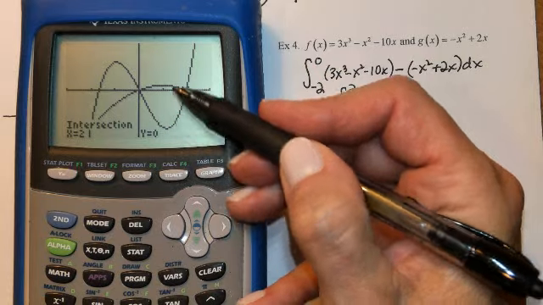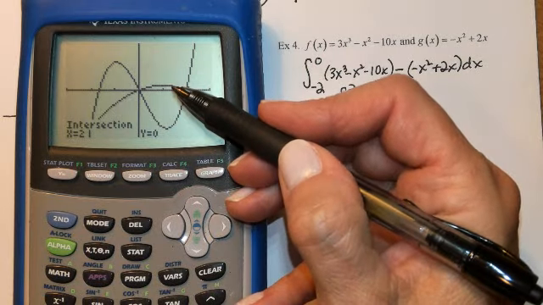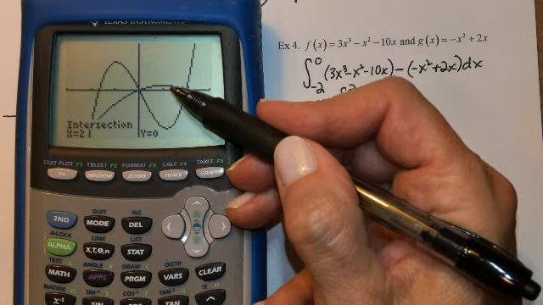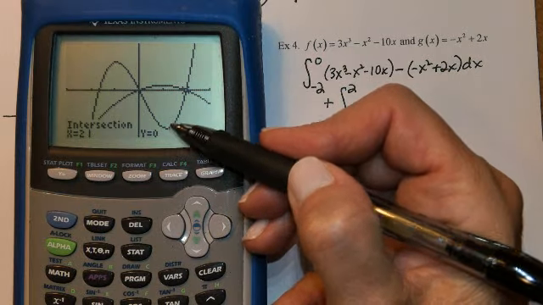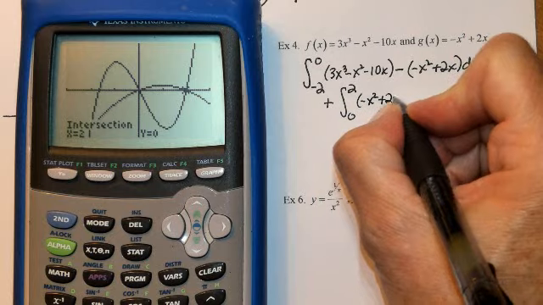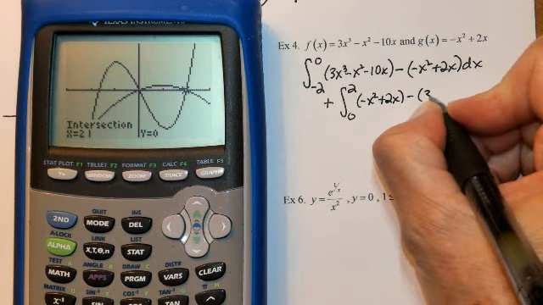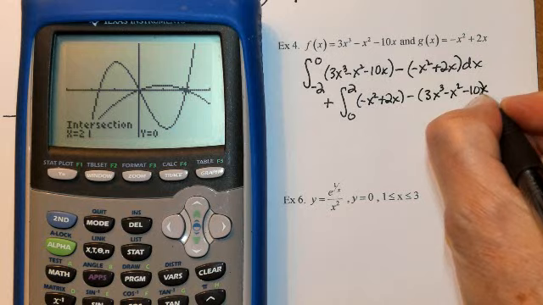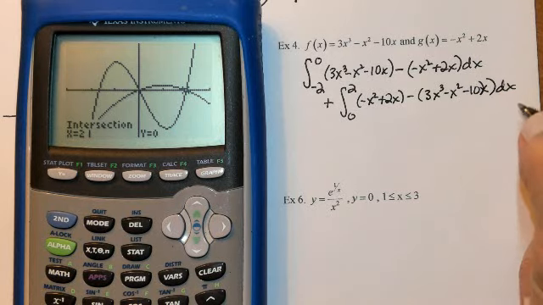What is the height of the rectangle? The height of the rectangle is the parabola minus the cubic, right? So it'll be negative x squared plus 2x minus 3x cubed minus x squared minus 10x dx. Okay?